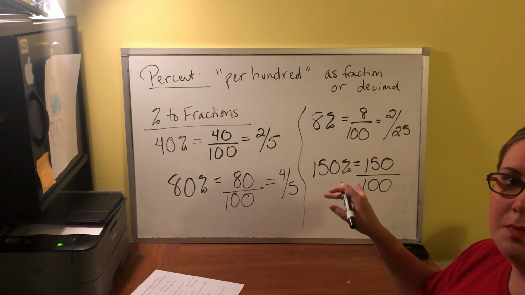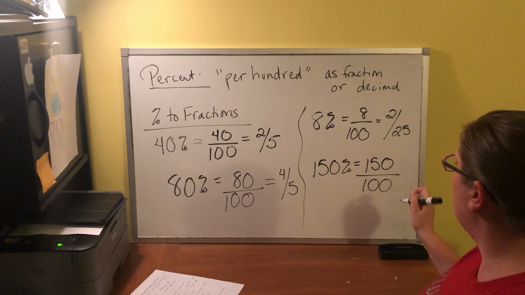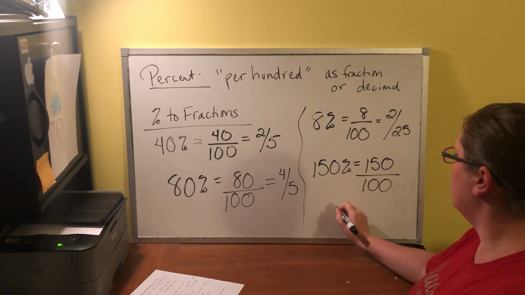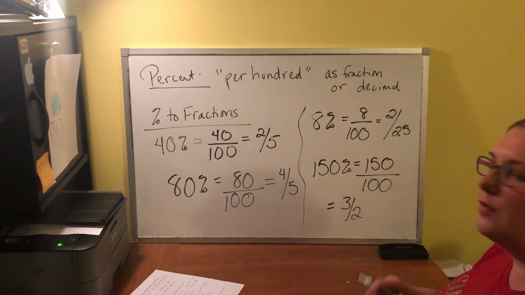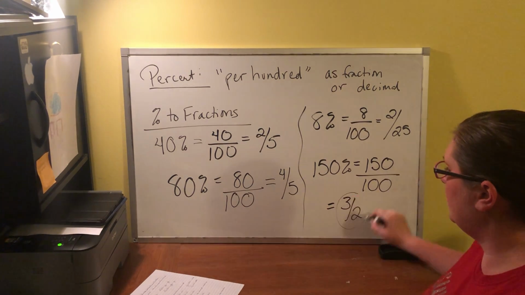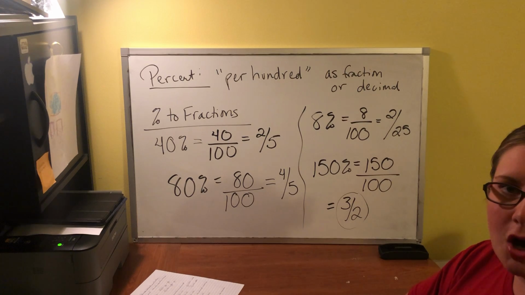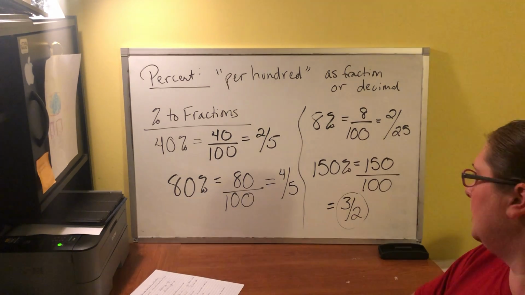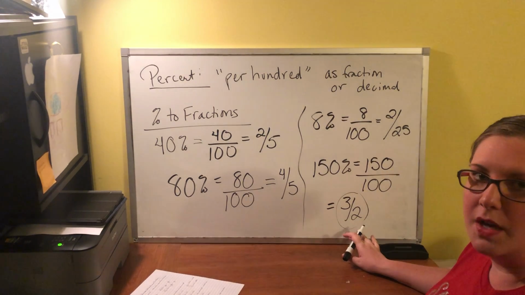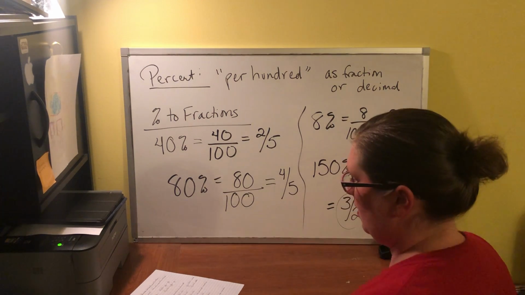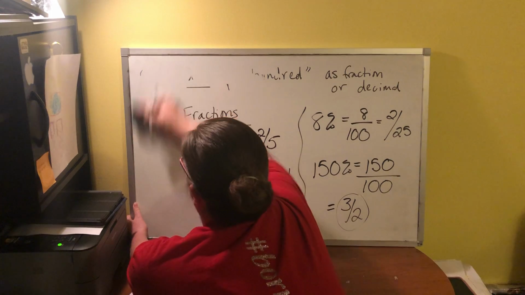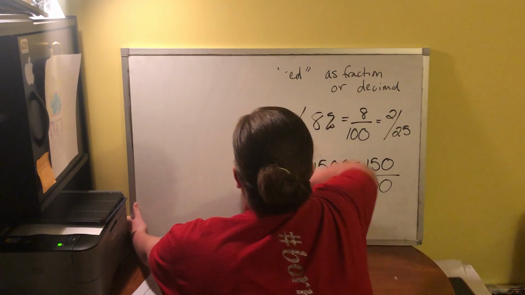Percentages still mean per 100. And we can reduce. So this actually reduces to 3 over 2. And it is totally fine to leave this as the improper fraction. Leave it as 3 over 2. All right, so that is changing percentages to fractions.